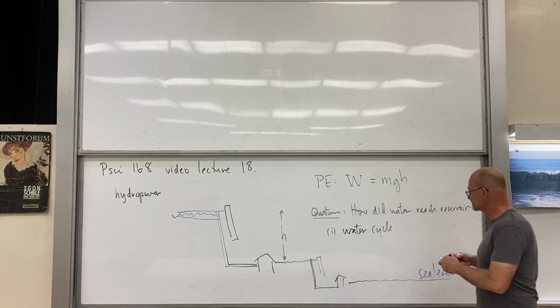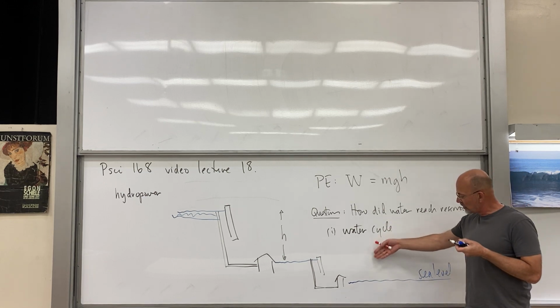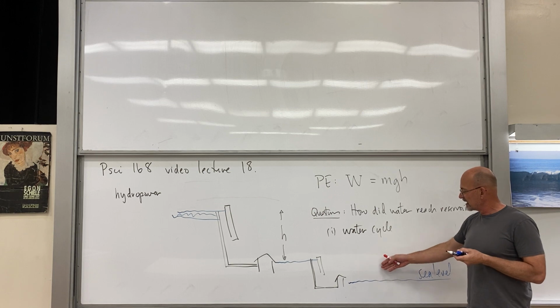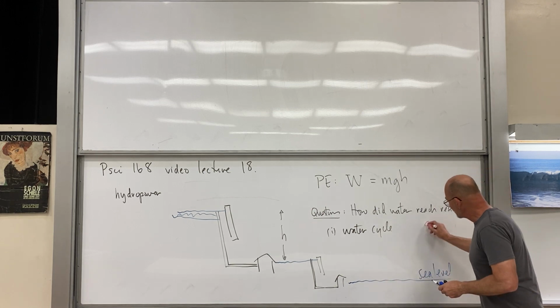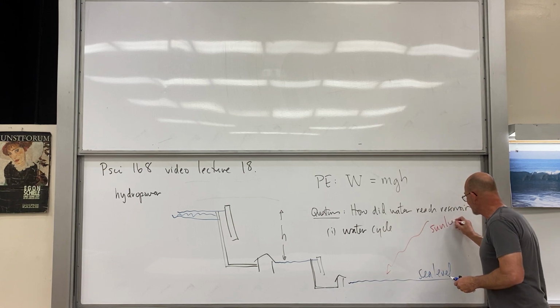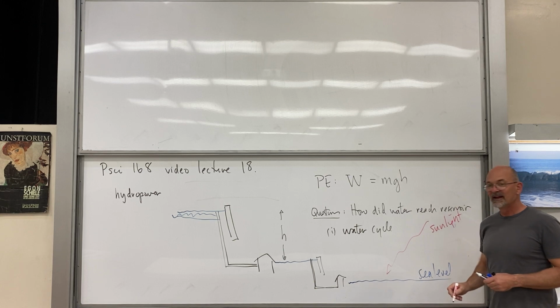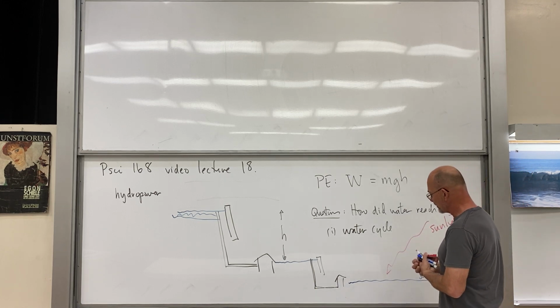Sea level. So yeah, the water cycle is that water vapor is evaporated off the sea, and so we have to say what causes that evaporation. It's sunlight. So energy from the sun, and now we're going to have this water cycle.